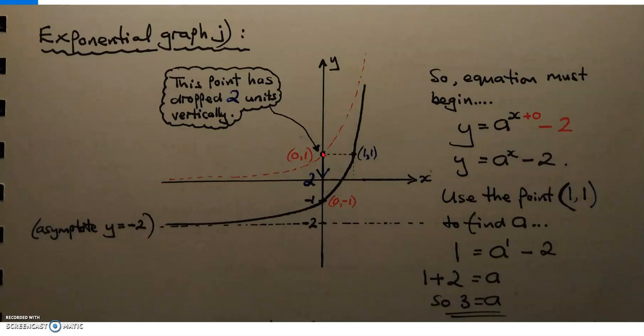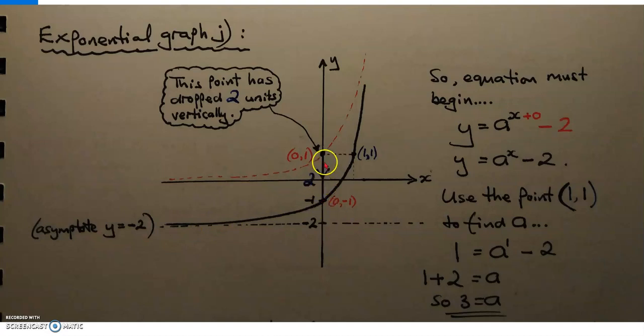Where has it gone to in the new exponential? It's gone down by 2 units to there. Don't forget that new point I'm pointing at, (0, minus 1). It has to be 1 unit above the new asymptote. So there it's gone.